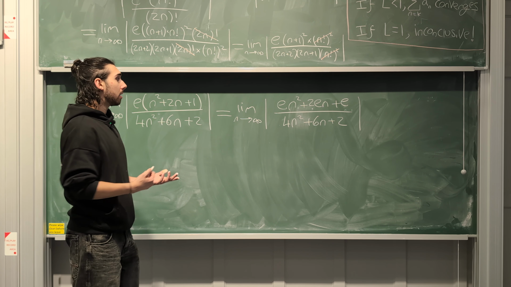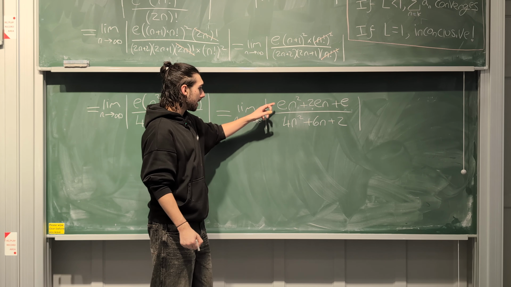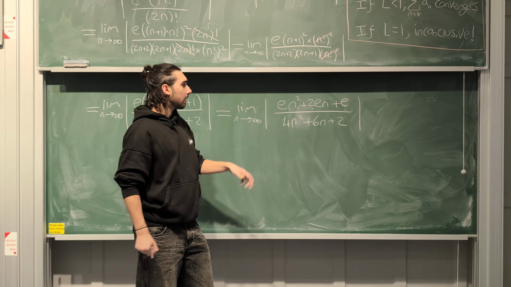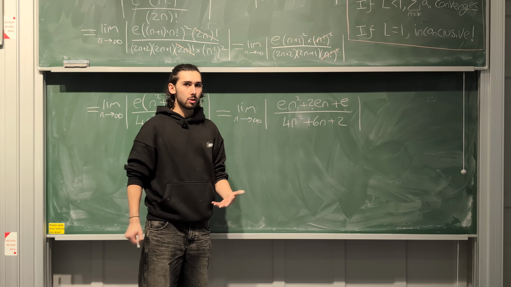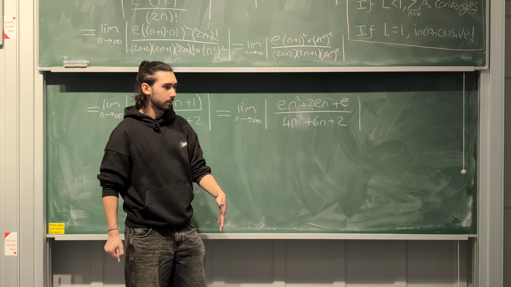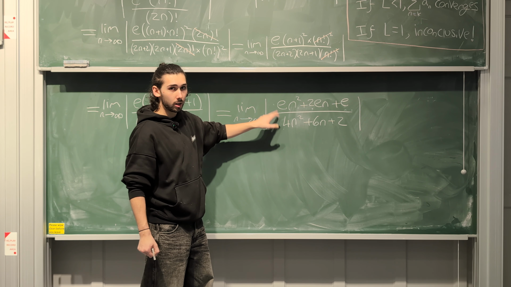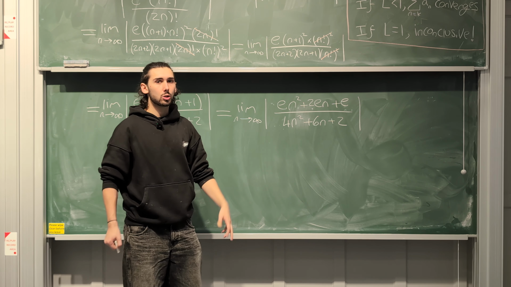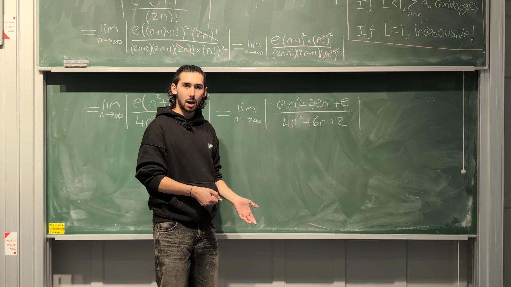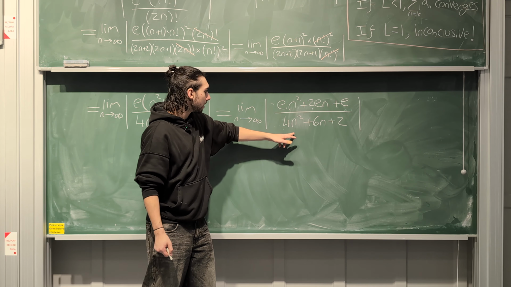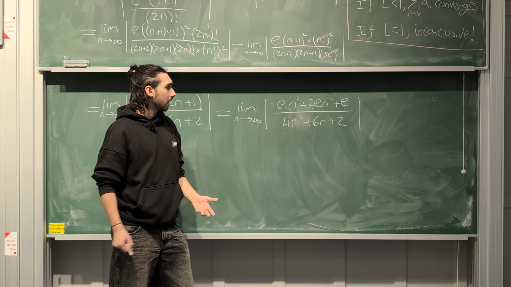Some people know that this limit would end up being e over 4, because as n approaches infinity, the ratio between two polynomials of the same order is just the ratio between the coefficients of the highest power of the variable, so n squared. The coefficient of n squared is e on top and 4 on the bottom, so it ends up being e over 4.